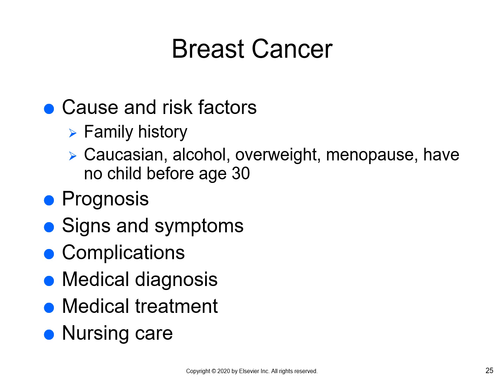It's also common in Caucasians, alcoholics, the overweight, menopause, or those who have no child before age 30. Prognosis is good if we find it in the early stage, just like any other cancer. But if we find it in the advanced stage, then the prognosis could be bad.